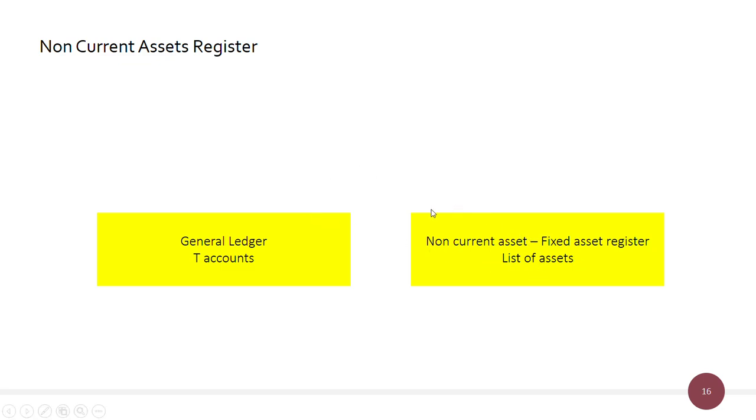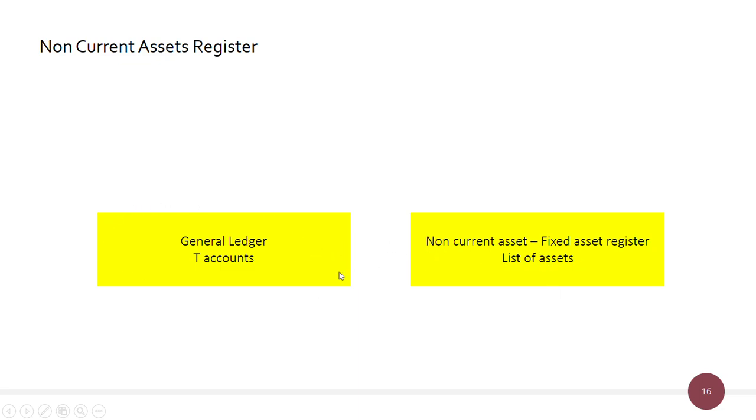However, there we go. You also are going to have your ledger accounts, your normal general ledger with your T accounts. So all of your T accounts, your assets at cost, your depreciation calculations, are going to go into these general ledger accounts. It's also going to be listed out in the non-current asset or the fixed asset register. And this fixed asset register is simply another control, a bit like your purchase ledger, a bit like your sales ledger, a comparison against your general ledger.